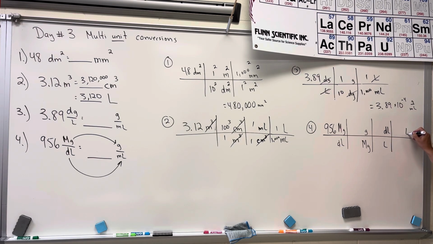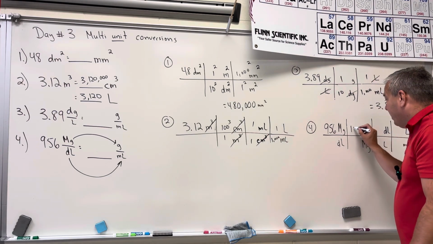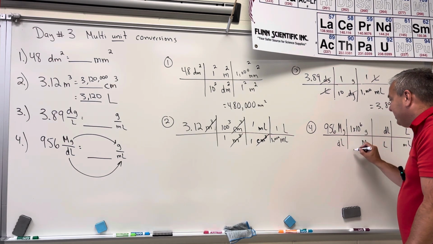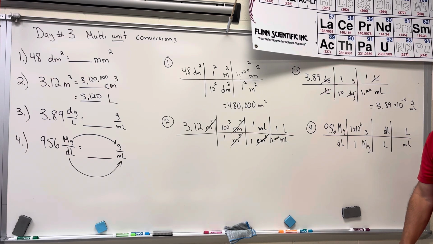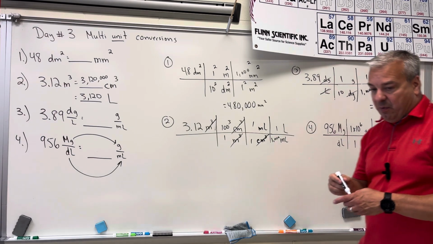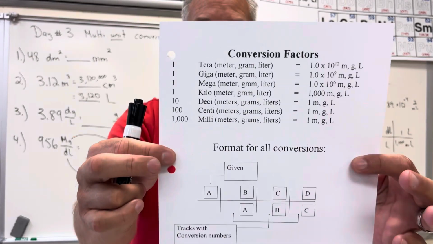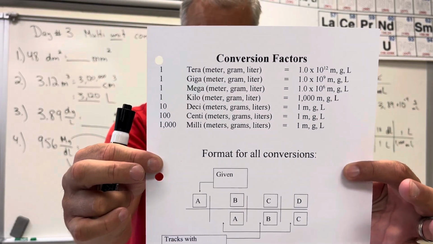And then I'm going to change those liters to milliliters. And I've got to plug in conversion factors. Grams to megagrams is 1 times 10 to the 6 grams for every 1 megagram. This is going to be a 10 to 1, and this is going to be 1,000 to 1. And once again, I got all of that information from the conversion factors that we have to memorize.